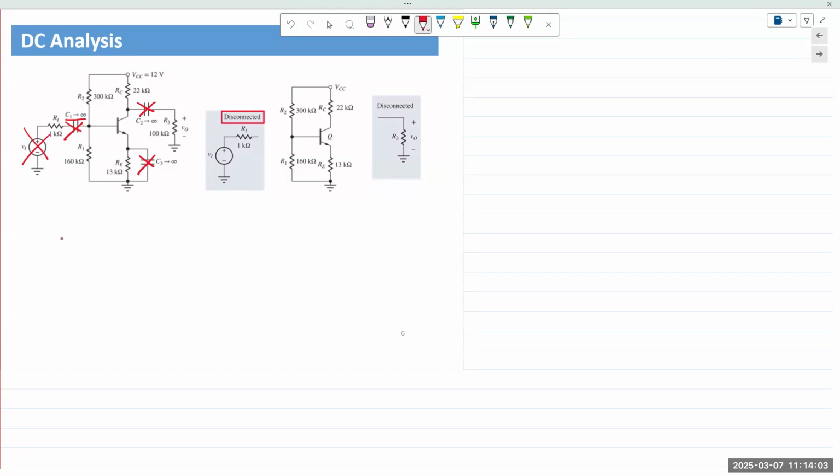The emitter resistor, sorry, not the emitter resistor, the output resistor is also disconnected. And that's it. And that takes us into the circuit that we studied in the 4-resistor bias or the voltage divider bias. And we analyze the circuit as it is and obtain our DC Q points and DC biasing voltages.